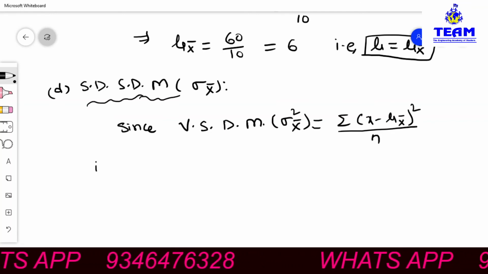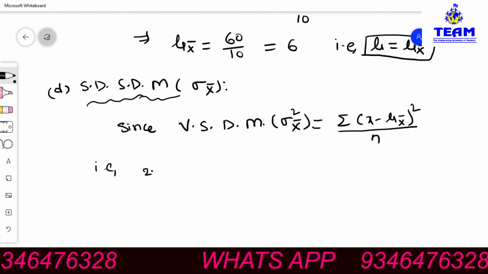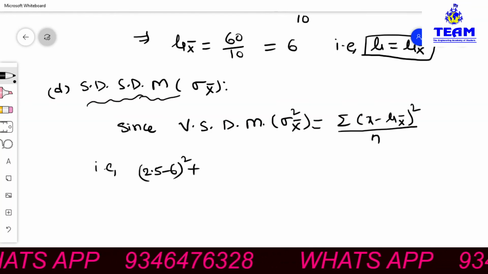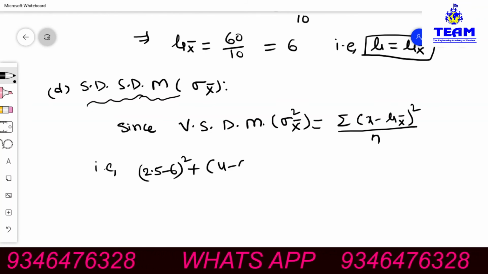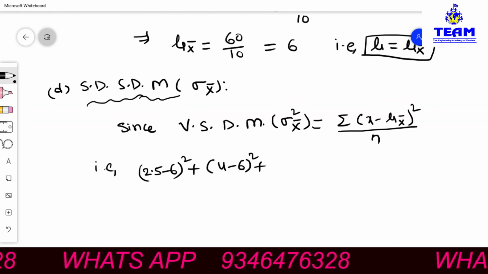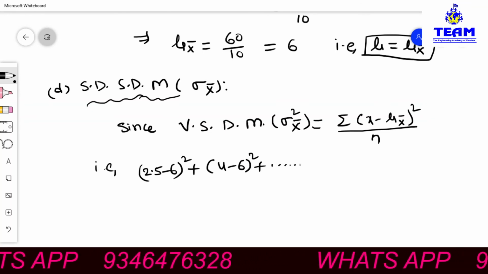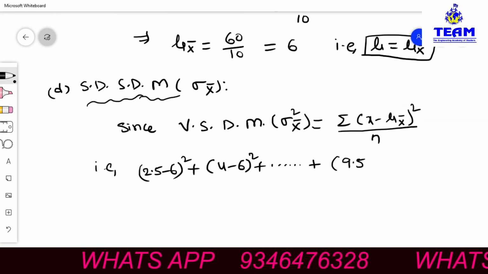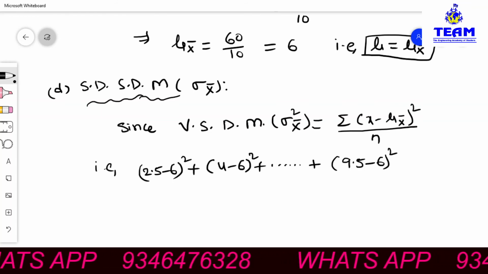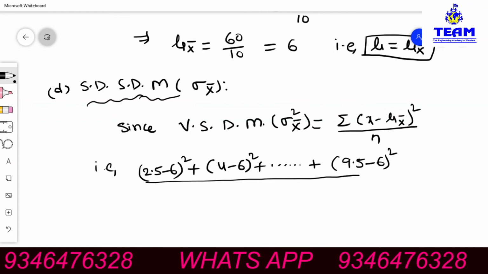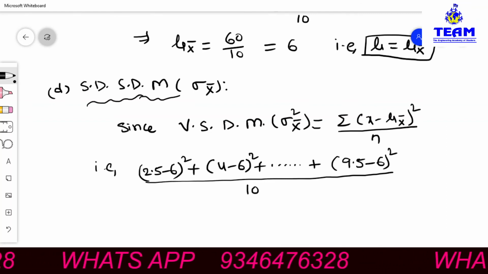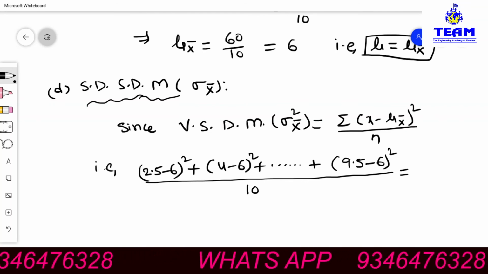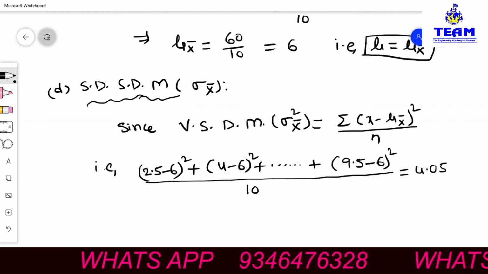That is 2.5 minus 6 whole square plus 4 minus 6 whole square and so on up to the last sample mean 9 minus 6 whole square, whole by 10, which equals 4.05.